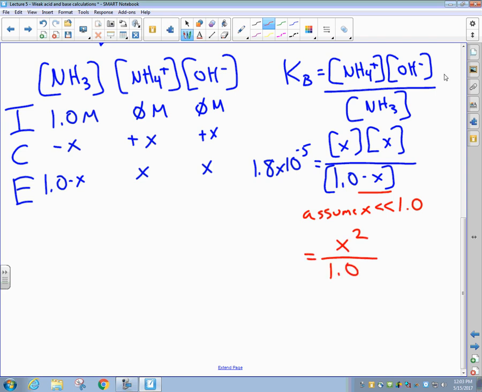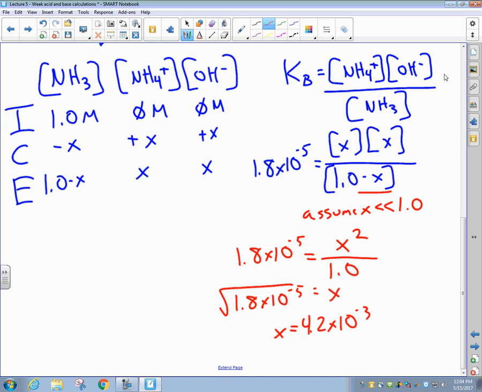We end up with X squared over 1.0 equals 1.8 times 10 to the minus fifth. We solve that by taking the square root of 1.8 times 10 to the minus fifth equals X. And we have a final X value of 4.2 times 10 to the minus third.